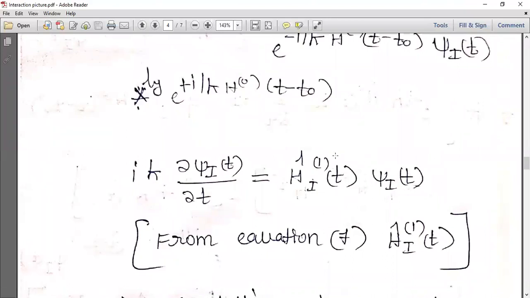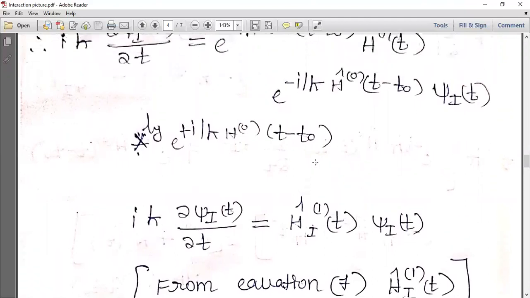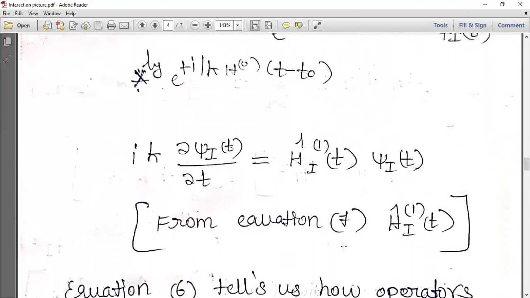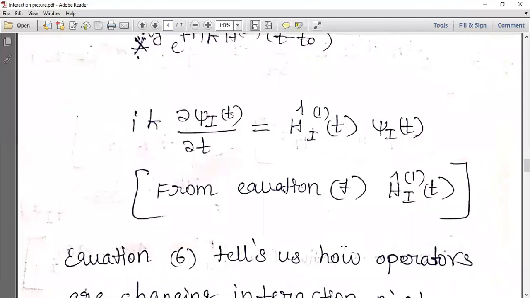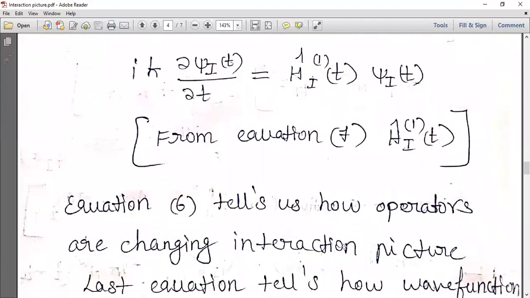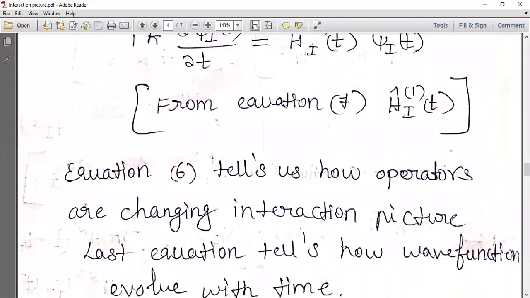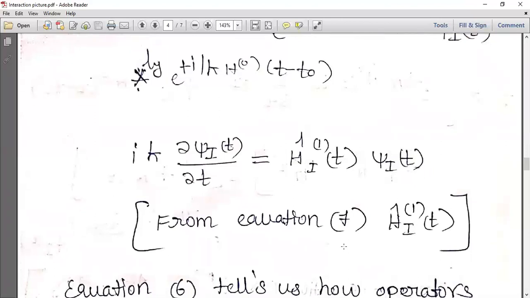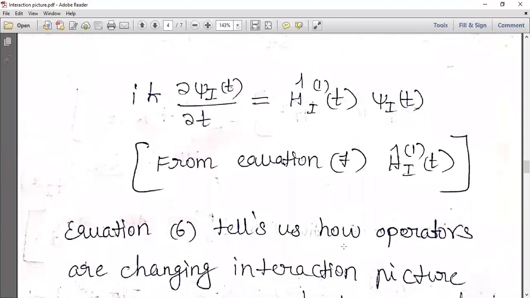Using equation number 7, we replace this term with H cap I1 of t. So this equation we call the equation for the interaction picture. It tells us how the wave function evolves with time, and equation number 6 tells us how operators change in the interaction picture.